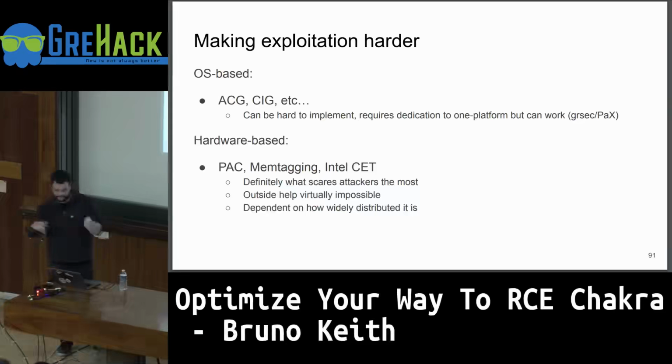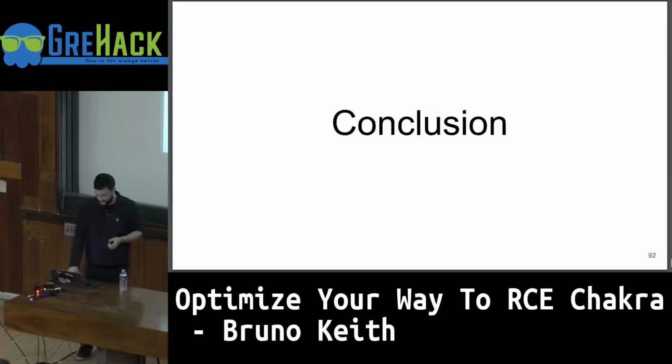Even if memory tagging comes next year, it's only going to be on the latest models of iPhones, for example, and a huge part of the population will still have iPhones where that mechanism is not there, because it's at the hardware level, so you can't just do an update. That's it for the defender's perspective.